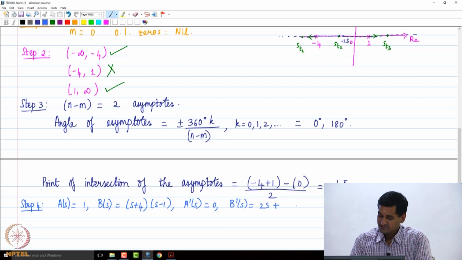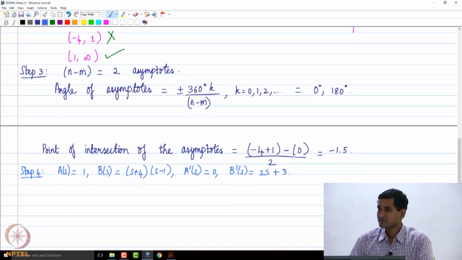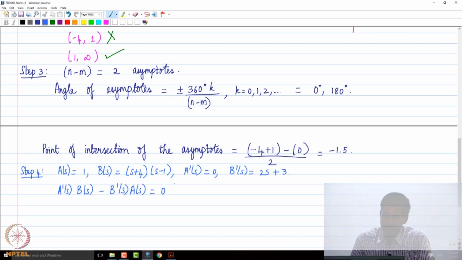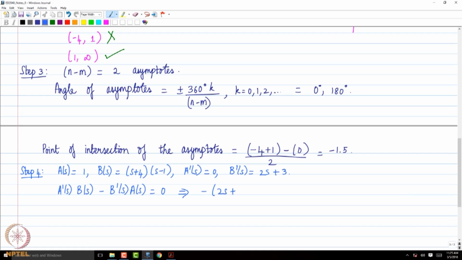It was 2s plus 3, right, that is what we got. So if we process that equation, A prime s B of s minus B prime s A of s, where prime indicates a derivative with respect to s, please remember that, this implies that we will get the final simplified equation as this.